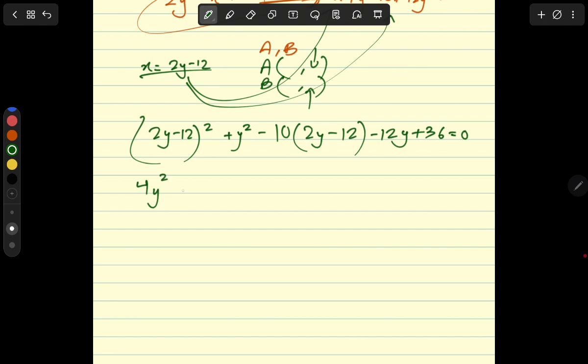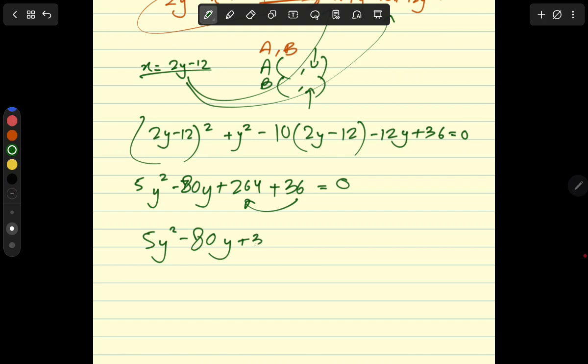So this becomes 4y squared minus 48y plus 144 plus y squared, so I'll make this 5y squared, and this is negative 20y, so I will make this negative 68y, and this is plus 120, so I will convert this into 264, and then there's a negative 12y, so I will put this as minus 80y, and then there's a plus 36 is equal to this. So now this becomes 5y squared minus 80y plus 300 equals 0.